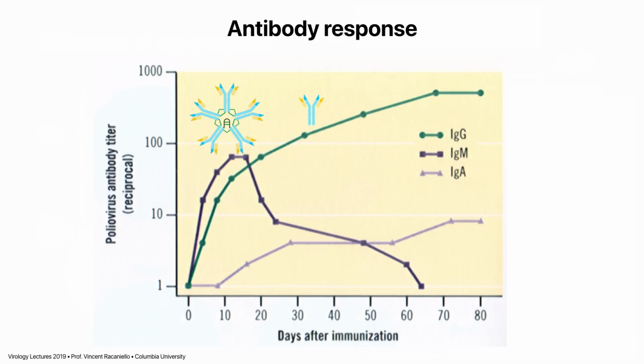The IgM is often used as a diagnostic to see if you've been recently infected, because it goes down in a couple of weeks, and is replaced by IgG, which is the green line here, which you see rises a little slower and goes to higher peaks. So if you measure someone's poliovirus antibody and you see only IgM, that's a recent infection. Whereas if you find only IgG, the infection is older. It's a great way to distinguish between the two.